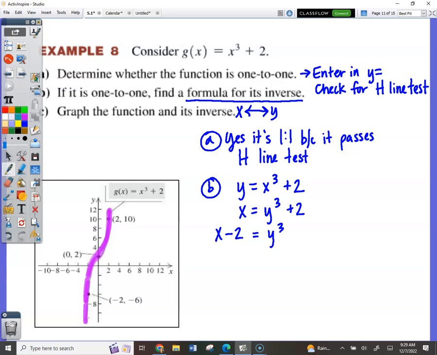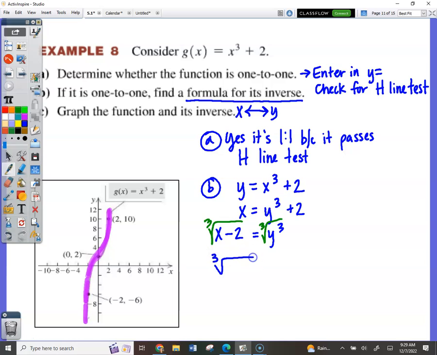Now I need to get y cubed to be just y. How do you undo y cubed? You cube root it. Don't panic. Don't panic. You're just writing it. You're not actually doing it, you know? So this is cube root here, and that is your equation. So the cube root, I'm going to switch it.